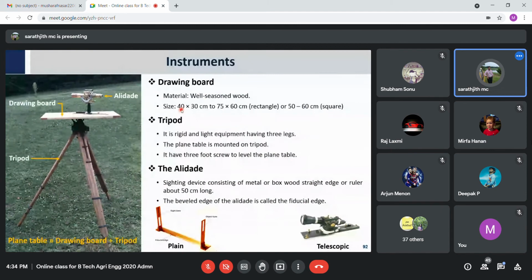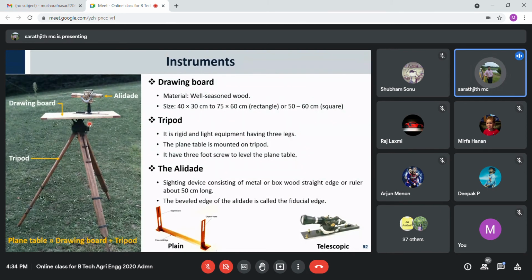It can have a small size like 40 by 30 centimeters, or a bigger one like 75 by 60 centimeters, or it can be square with a side somewhere between 50 and 60 centimeters. Generally wooden tables are used so that you can fix the drawing sheet over the table using thumb pins.